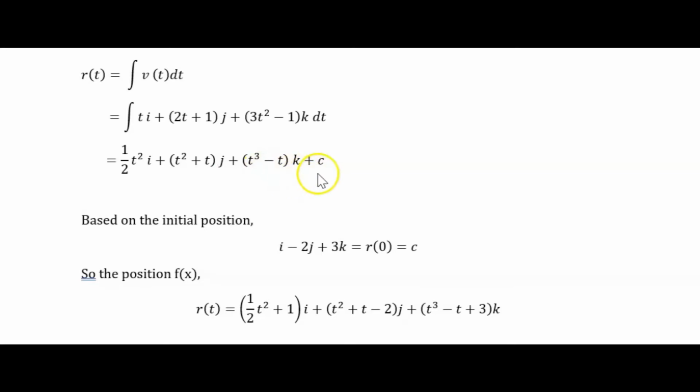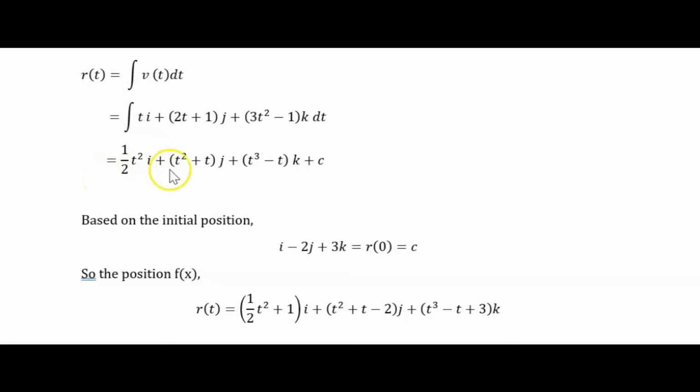So using the initial position that the question provides us, we know that the initial position, where r at t equals 0, is i - 2j + 3k. So when we put the 0 into this equation, all the t will be replaced with 0.